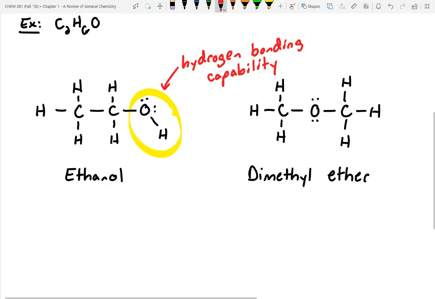Which one do you think will have a higher boiling point? Ethanol. Things that hydrogen bond tend to have much higher boiling points because they're sticky. They stick to each other really tightly. So they have very different properties. So let's make a note of that.